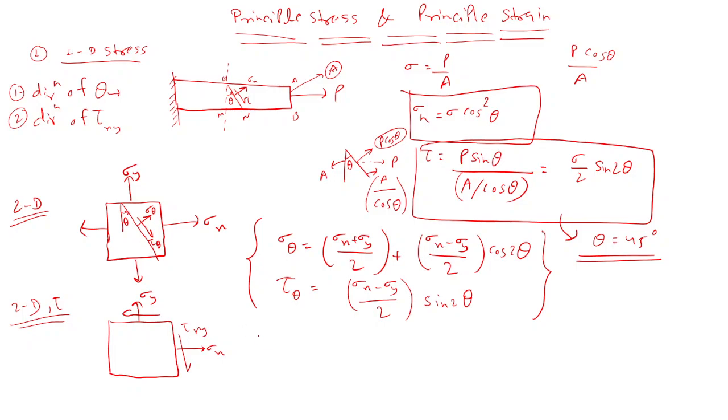Can anyone tell what the formula is, the sigma theta and tau theta?